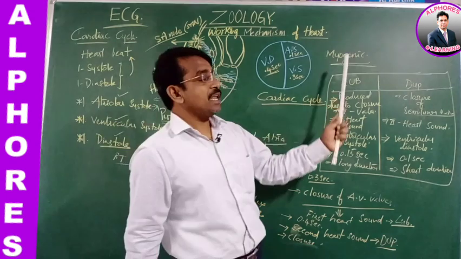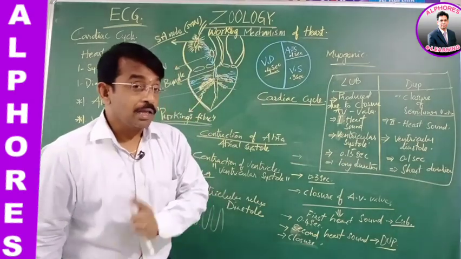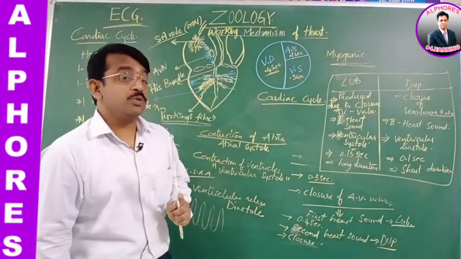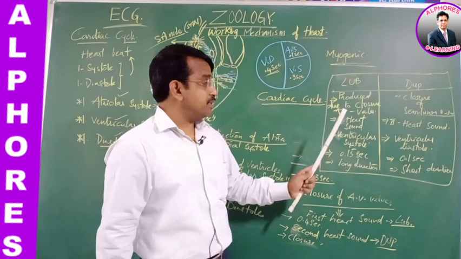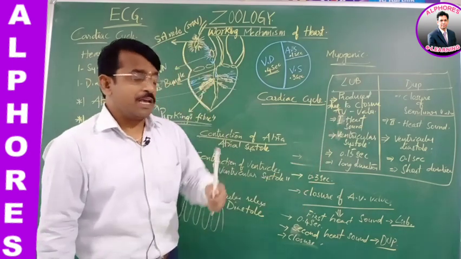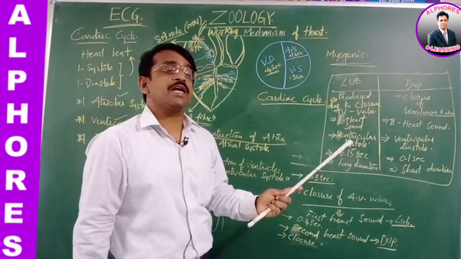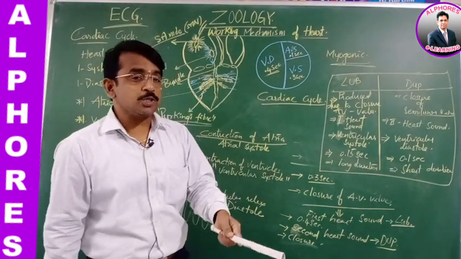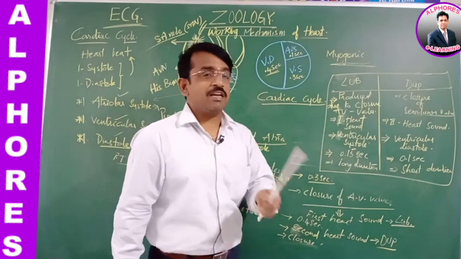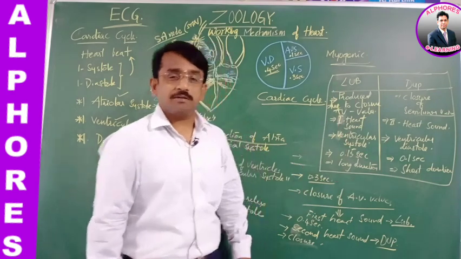There is a defect in the lub sound. Why is the lub sound produced? Due to closure of the AV valves, in the sense bicuspid and tricuspid. If those are damaged, the quality of the first heart sound is disturbed.